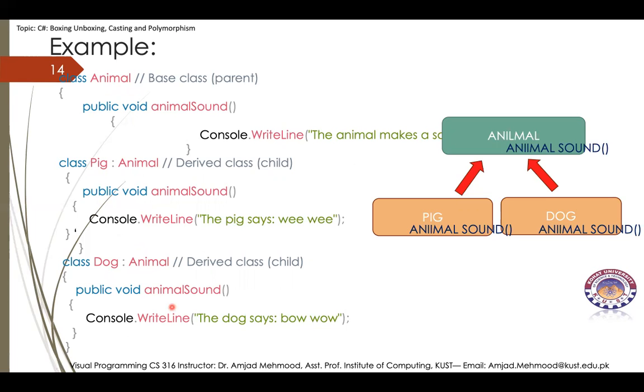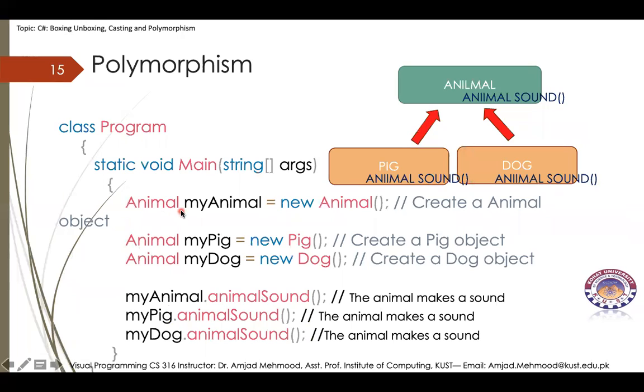But you can see here how it works in C#.NET. For example, I have created an object of my parent class, and then I have assigned my first object, the pig class object, to my parent class. You can do this because a subclass or child class object can be assigned to the parent class without explicit casting. The compiler knows this.